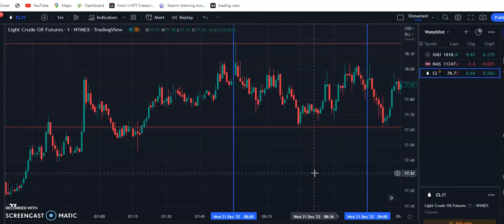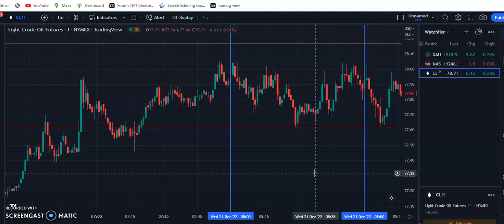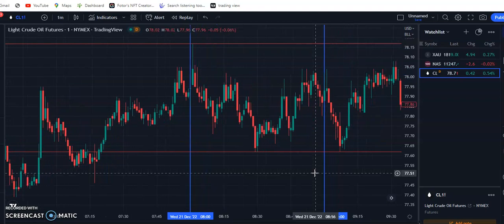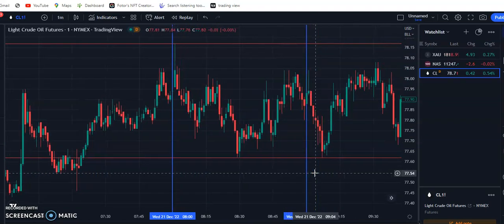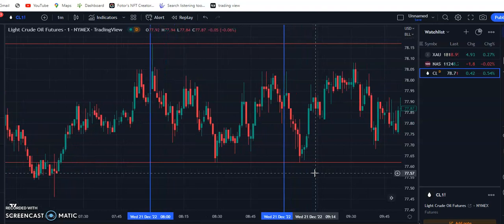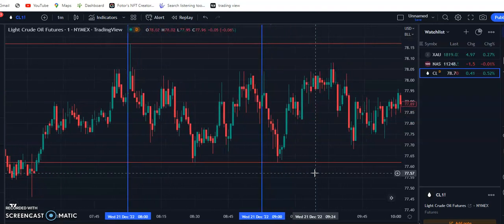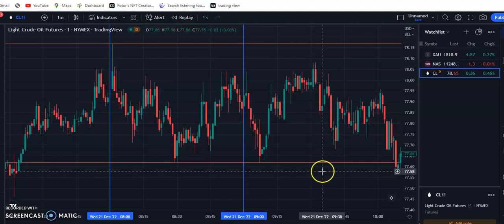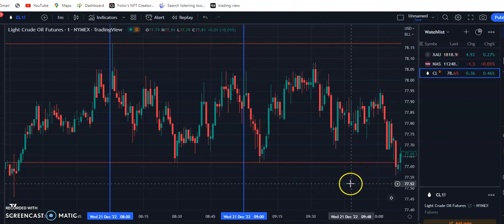Now we know we want to see the market work either the high or the low, so that we can have a trade setup. The market played in between and came down. Now the market has come down in the third hour to the low of the session.